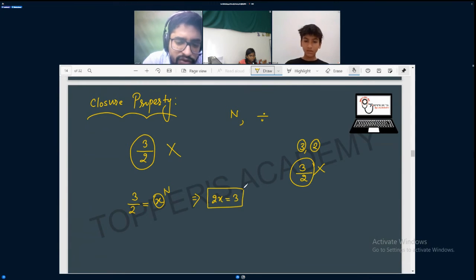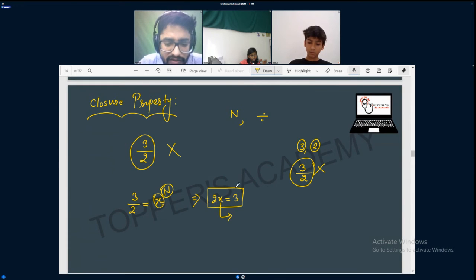If you choose x as some natural number, let's say x is 1, then the value is 2, and 2 is not equal to 3. If you choose x equal to 2, the left hand side is 2 into 2, which is 4, not equal to 3. If you choose 3, the left hand side is 6, the right hand side is 3. So we do not have any natural number for which 2 into x is 3.